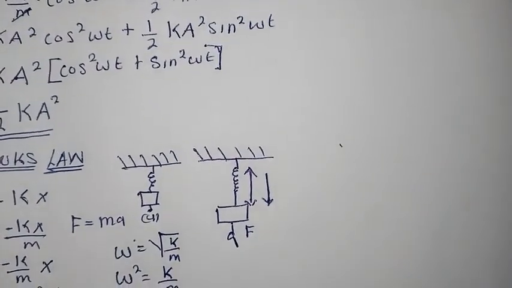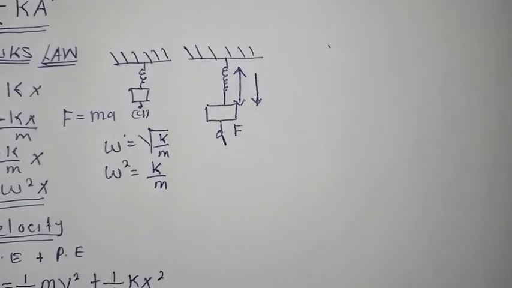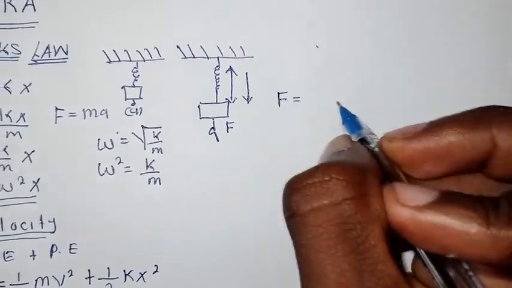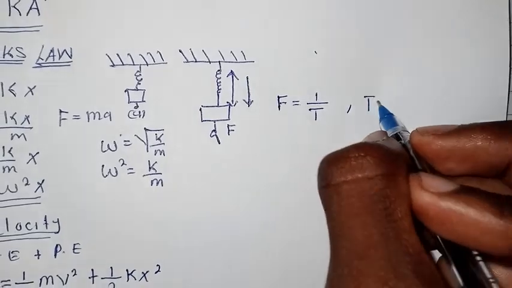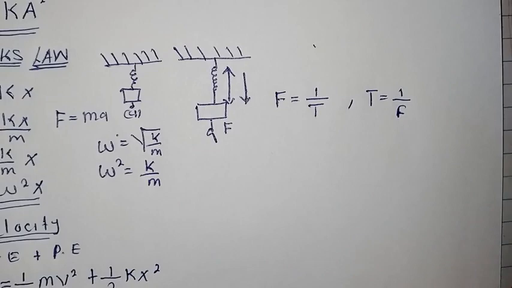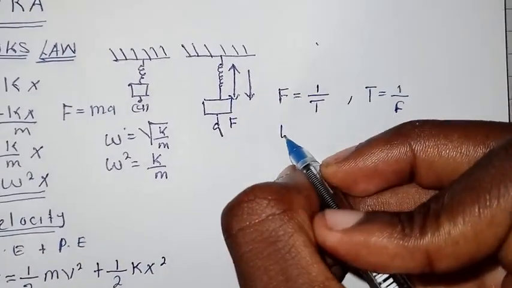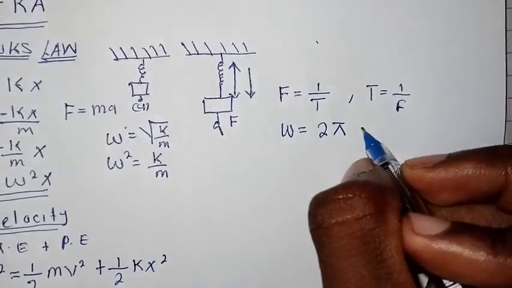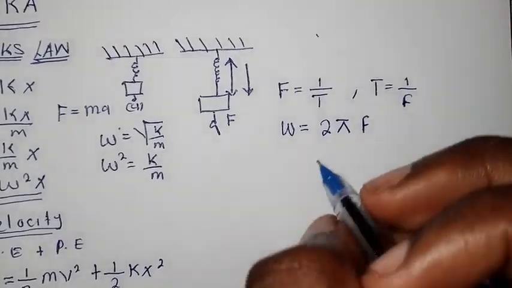Remember that the frequency is simply 1 over the period, and the period is simply 1 over the frequency. Remember that omega can also be found using this formula, where f is the frequency.